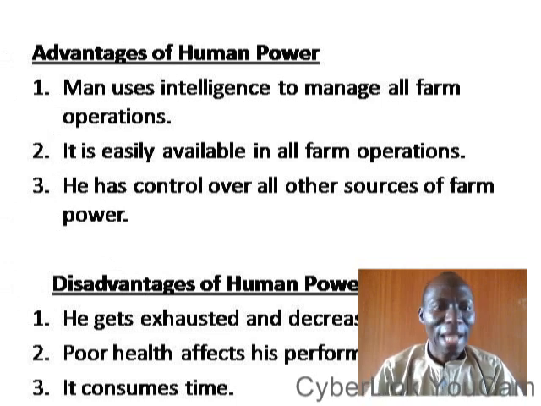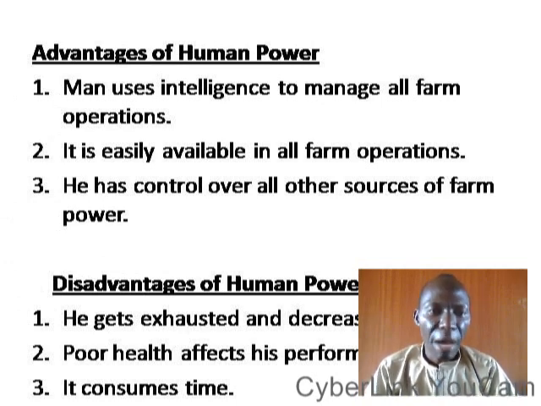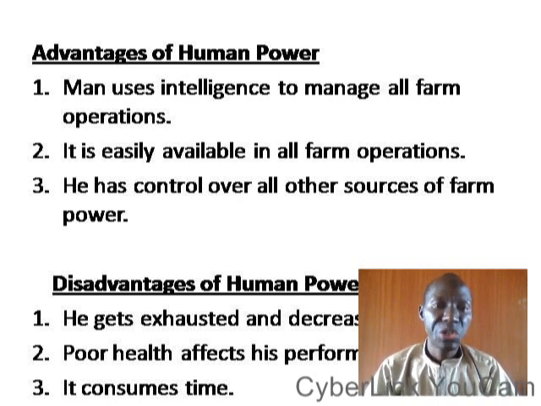Let us look at the advantages of human power. One, man uses intelligence to manage all farm operations. All the farm operations that I've just mentioned are controlled by man with his intelligence. You know when to do this and how to do it.